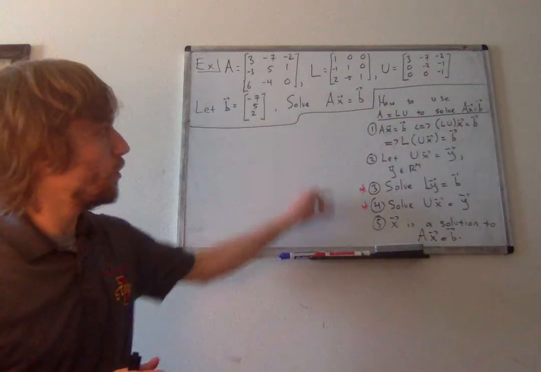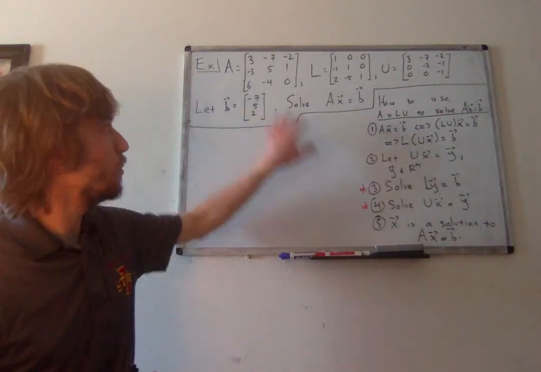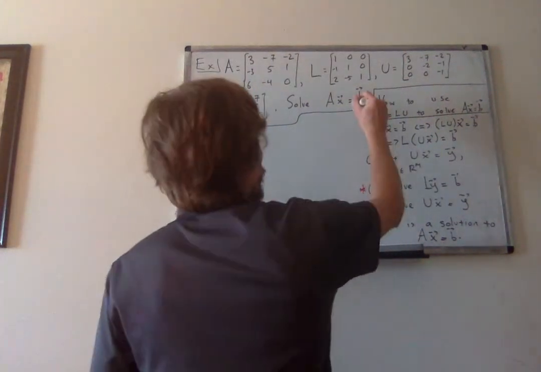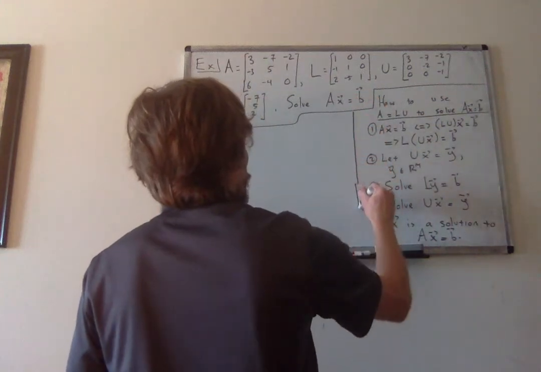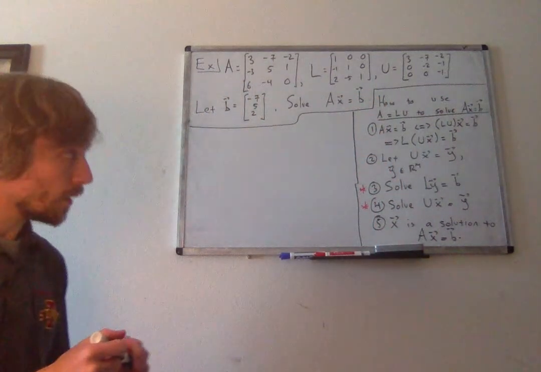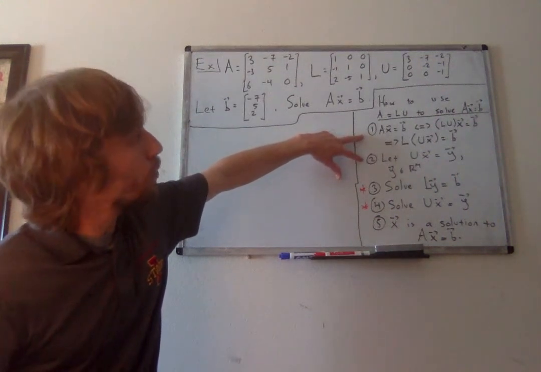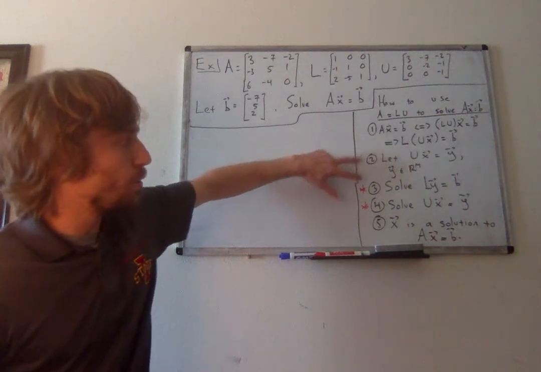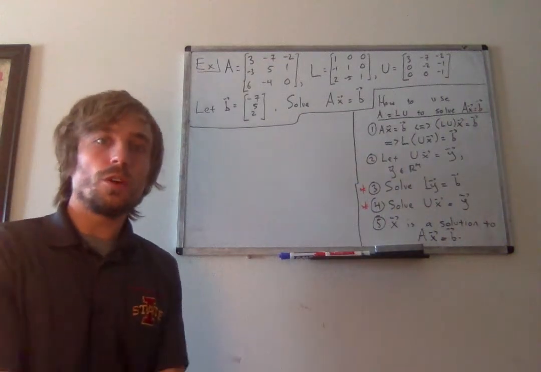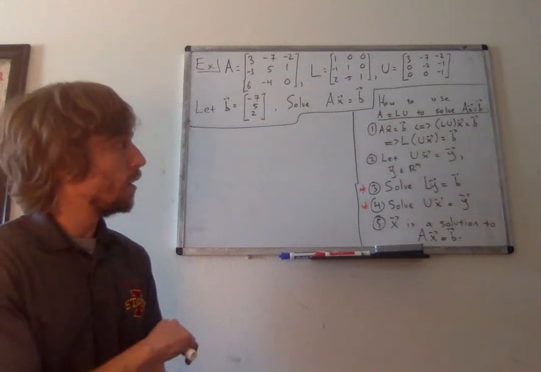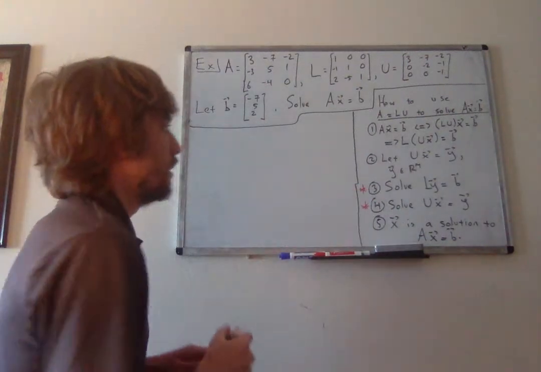So what I want to do is use this algorithm in this example to solve this matrix equation, and then we will wrap up for today. So how do we actually use this algorithm? We don't really do much with steps 1 and 2. Steps 1 and 2 just justify why steps 3 and 4 are acceptable for solving.